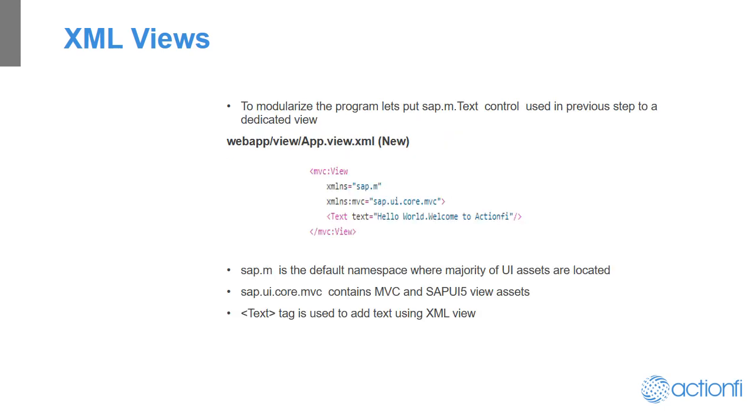To modularize the program, let's put the sap.m.Text control used in the previous step into the new XML view file. sap.m is the default namespace where the majority of UI assets are located. The sap.ui.core.mvc namespace with the alias mvc contains SAPUI5 views and all other MVC assets. The Text tag is used to add text using the XML view.